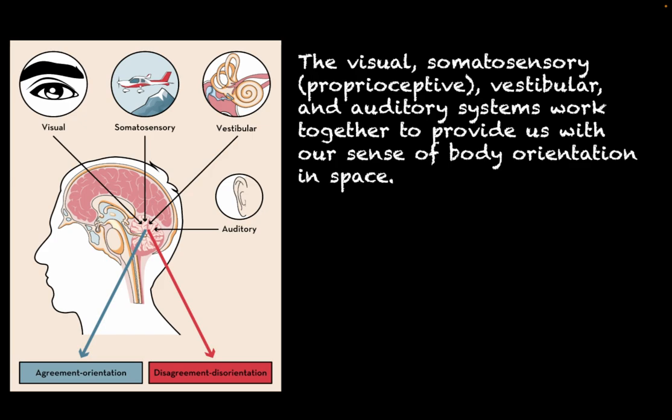But it's not just the visual, but also the somatosensory or proprioceptive. We'll talk more about proprioceptors and somatosensory modalities later in this chapter. The vestibular system and the auditory system also work together. All these sensory systems working together help us have an accurate sense of our body orientation in space.